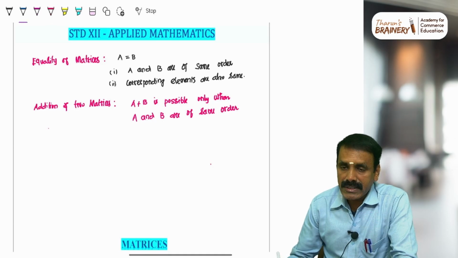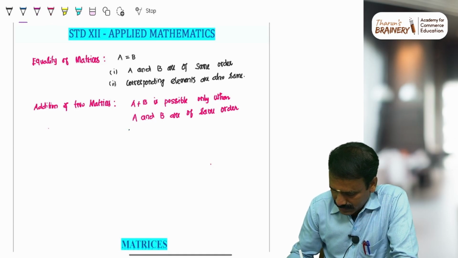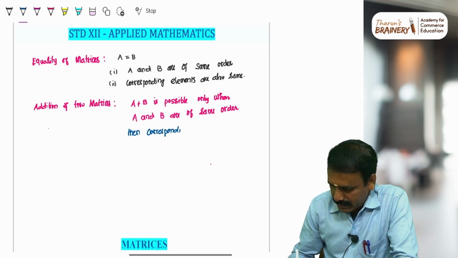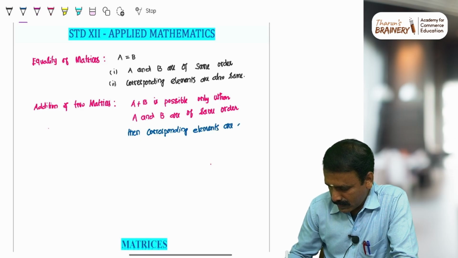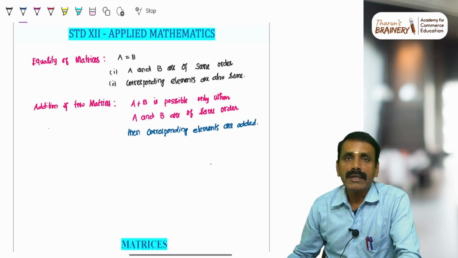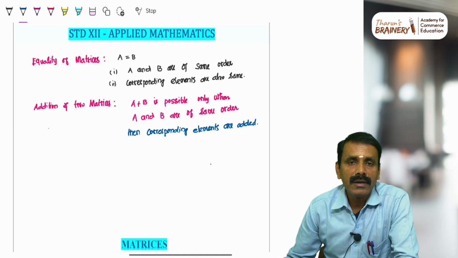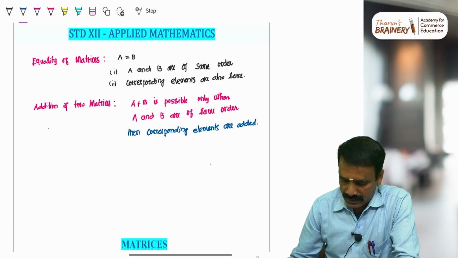In that case, how to find the sum? The corresponding elements are added. So to find the sum of two matrices, the corresponding elements are added, provided both the matrices are of the same order.